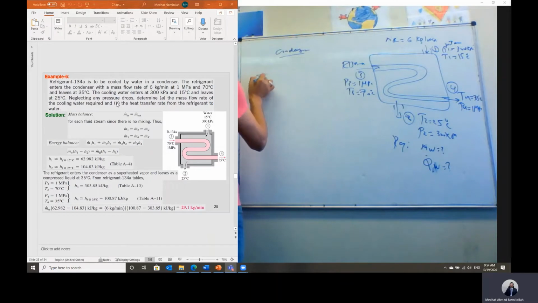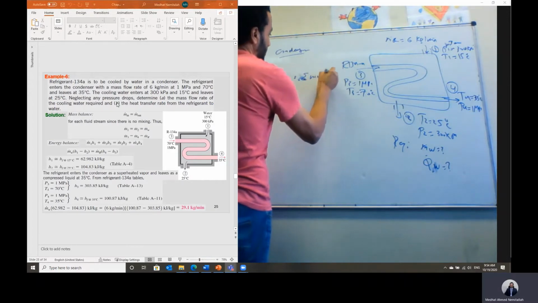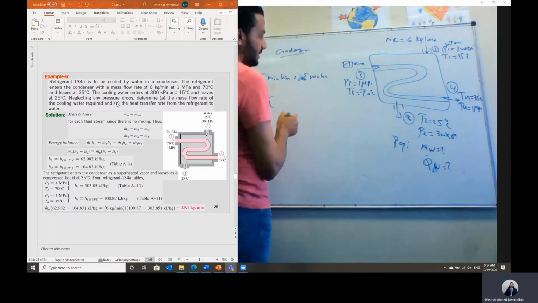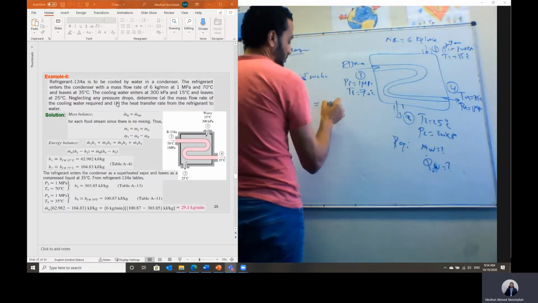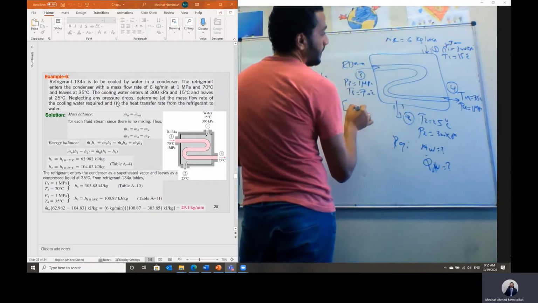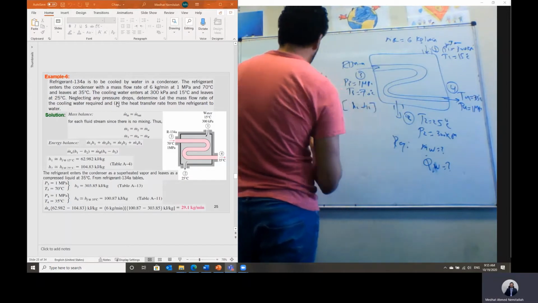So let's apply the energy equation, summation of m dot inlet h inlet is equal to summation of m dot outlet h outlet. We have reduced this equation to m dot hot, which is the mass flow rate of the refrigerant, multiplied by the difference in enthalpy, h3 minus h4, equal to the mass flow rate of the cold fluid, m dot water, multiplied by h2 minus h1.